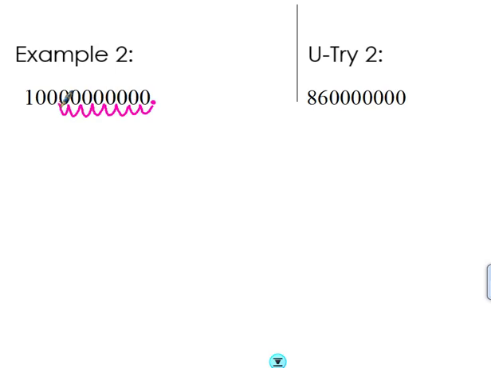If I stop here, our number is 100, and if I go one more, it's 10. So I will go one more in here, and our number will be 1.0 times 10 to the 1, 2, 3, 4, 5, 6, 7, 8, 9, 10 power.